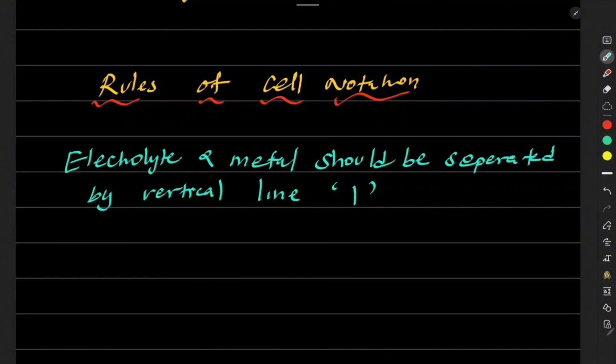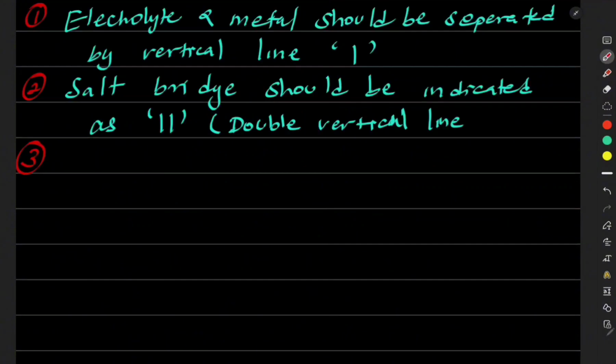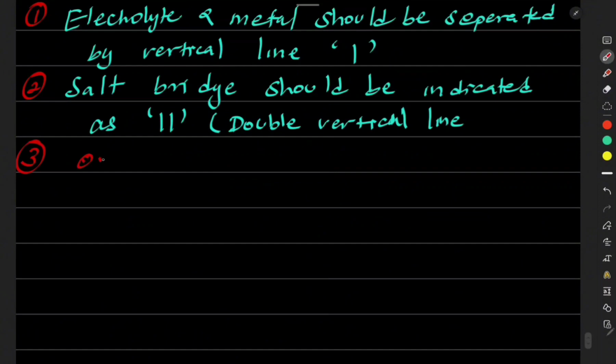Second, the salt bridge should be indicated as a double vertical line. The third one is the oxidization half reaction.